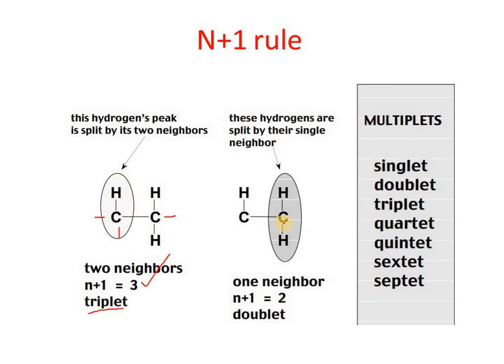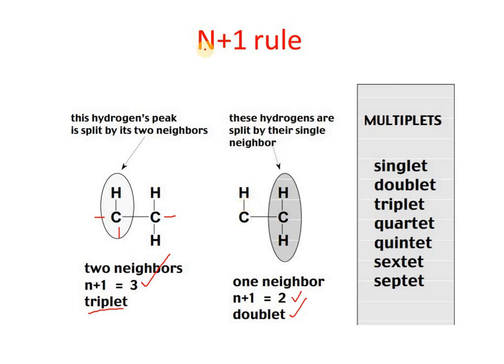Now, these 2 protons have 1 neighboring proton, so 1 plus 1 is 2. These protons will give a signal split into 2, a doublet, because 1 proton is present. So this hydrogen will give a triplet due to these 2 protons, and these protons will give a doublet due to this single hydrogen.